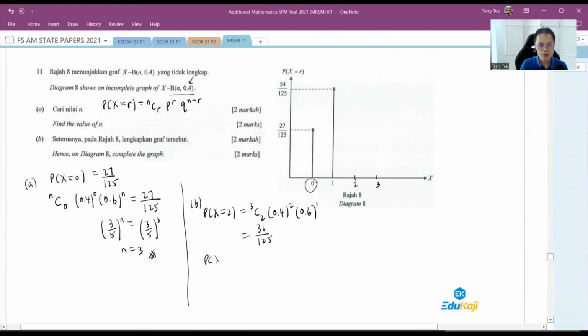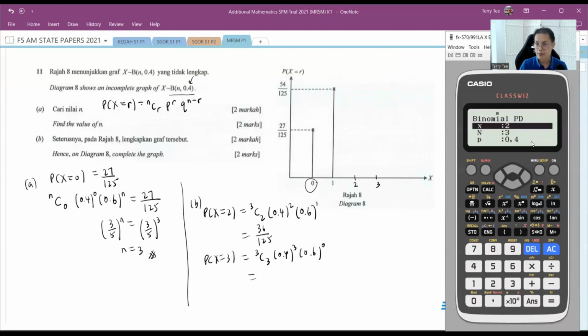Now, for x equals to 3, we have to choose 3 choose 3, p power 3, q power 0. Now, basically, this is 0.4 power 3, right? But again, if you're not sure, you can use a calculator. Now, you can do the same as this, or you can go back to 7, go down here to binomial, binomial PD, you go to list, because list can give us multiple values.